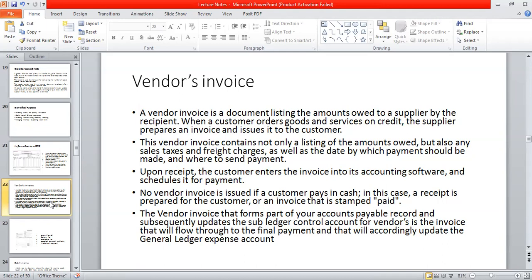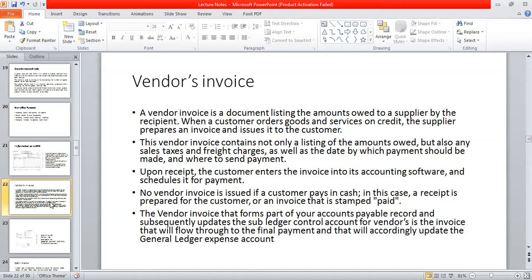In that case a receipt is prepared for the customer or an invoice that is stamped paid. So vendor invoices are only used or issued in the case of credit transactions.